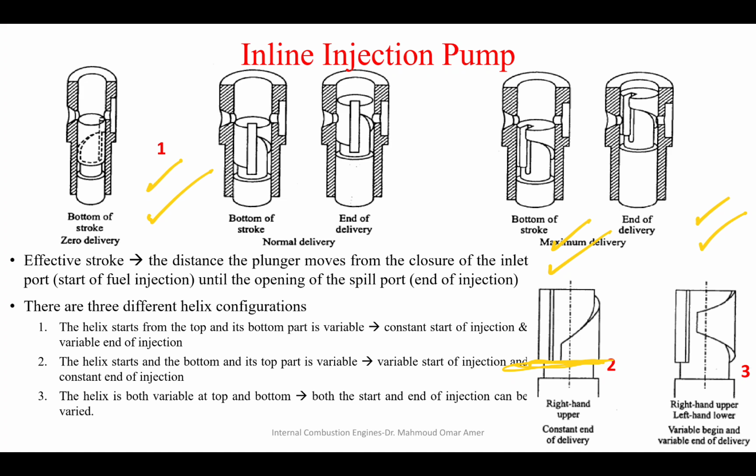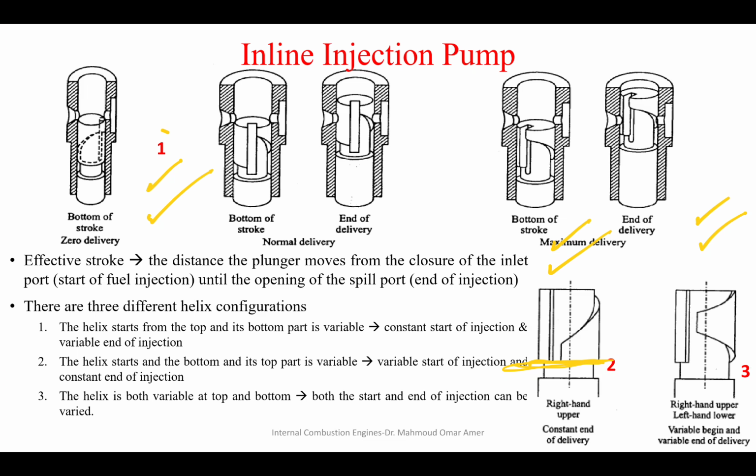So the question now: can you replace plunger 1 with 2 or 3 for the same engine and the same pump, if it will give you the same amount of fuel and the same pressure? No, you can't.